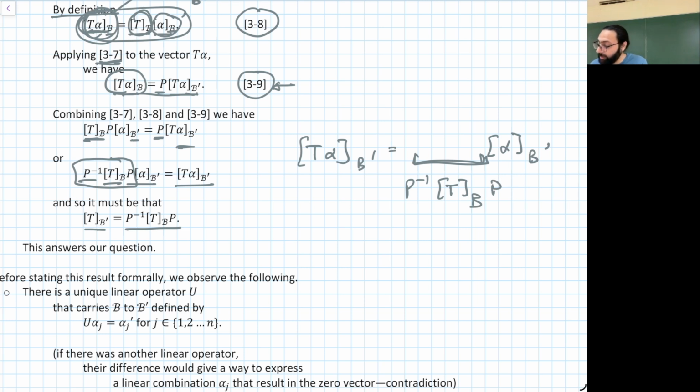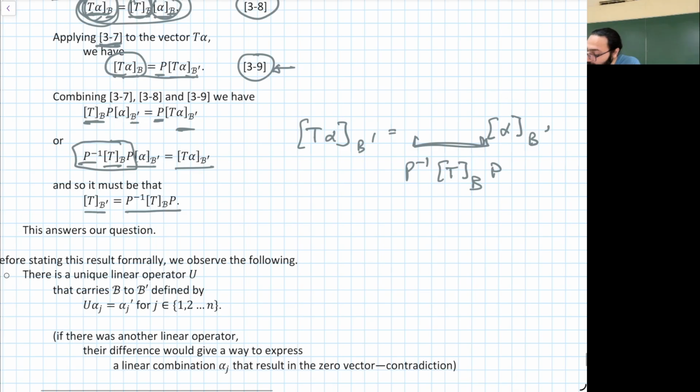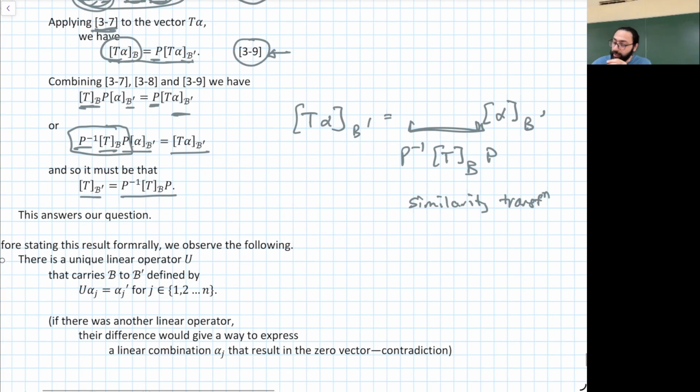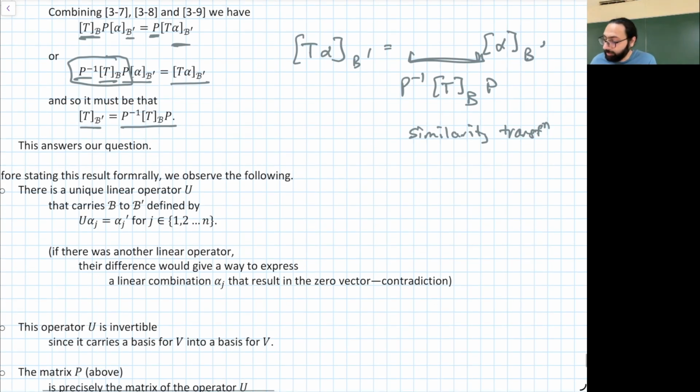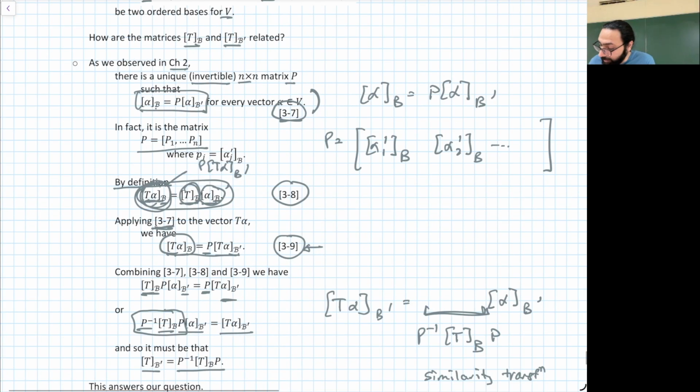Is that it? Okay, and this is what is called a similarity transformation. We'll define it in a moment more carefully. The similarity transformation is basically relating two matrices by conjugating by P inverse.